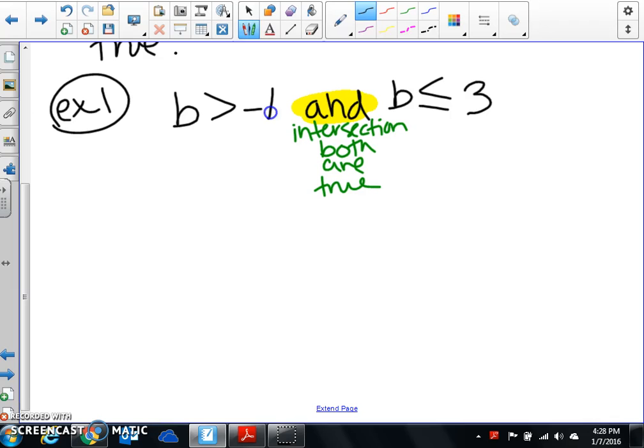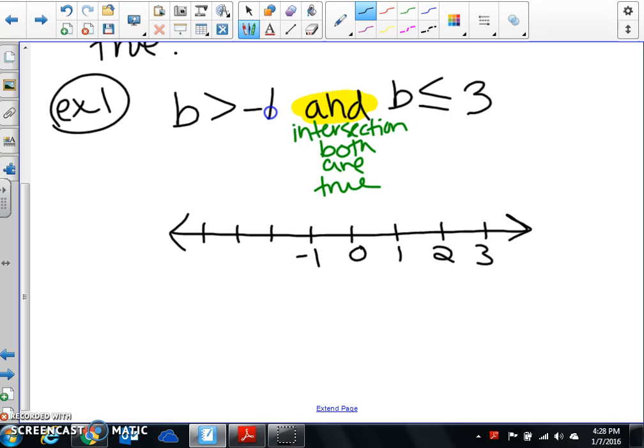So we're going to go ahead and draw our number line, just like we've been doing. And we're going to graph each one. I'm going to start by graphing b is greater than -1.